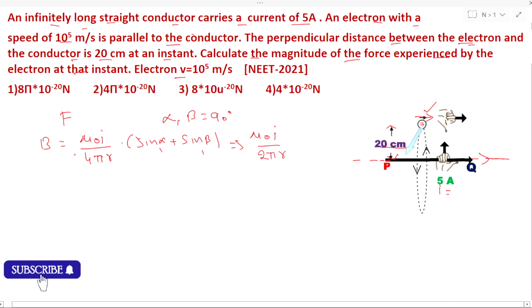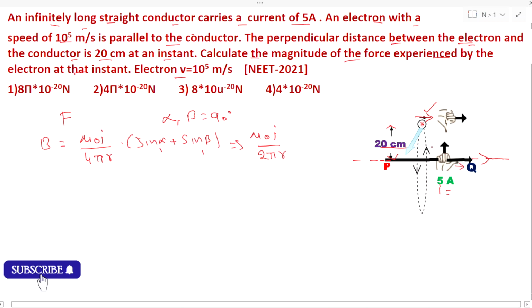Now you have to find the direction of these magnetic lines of force. These magnetic lines of force will be circular, and you have to find the direction of the magnetic field. For this, you will use Ampere's right hand rule. Place your right hand such that the thumb points in the direction of current.